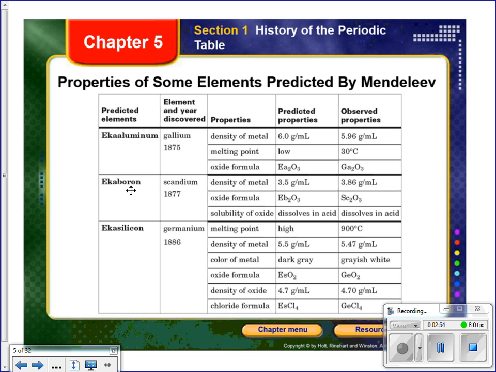These are the names that he gave them in this first column. So now this column says predicted properties. So the density of gallium, he put as 6. Well, it's actually 5.96. Density for scandium, he put 3.5. Well, it's 3.86. Density of germanium, he put 5.5. It's 5.47. So his predictions about these undiscovered elements were extremely close to the actual values.